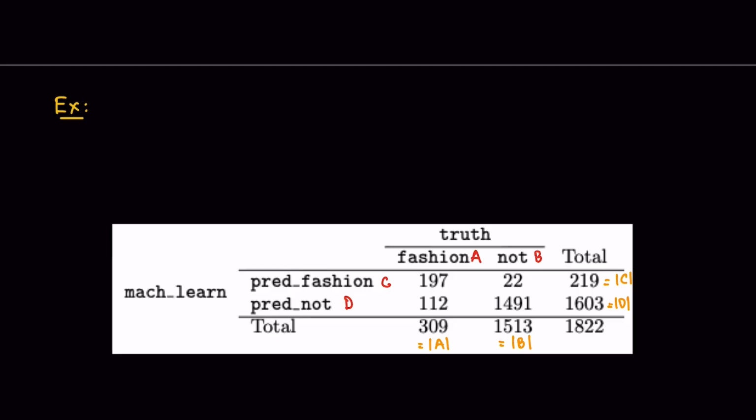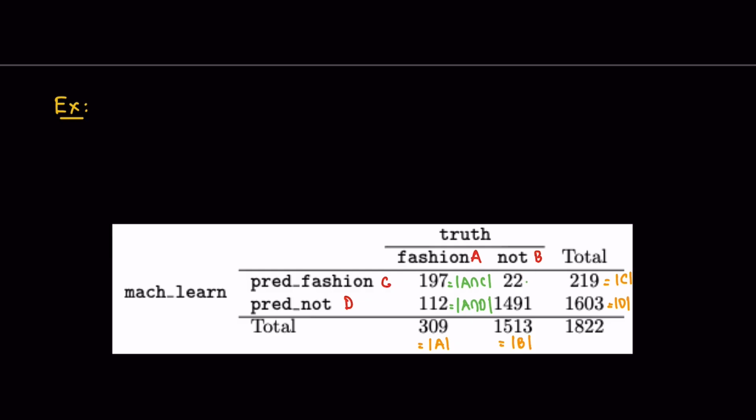In addition to that, you have this value of 197. That is, there are 197 photos that are predicted by the machine learning system to be fashion and turn out they are actually about fashion. So this is equal to the cardinality of A intersect with C. This is A intersect with D, meaning that there are 112 photos where the machine predicts them to be not about fashion but turn out they are about fashion.